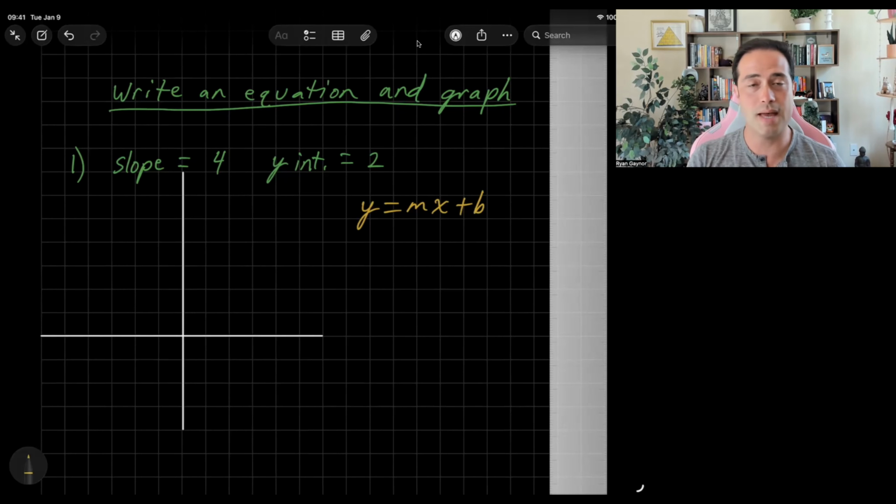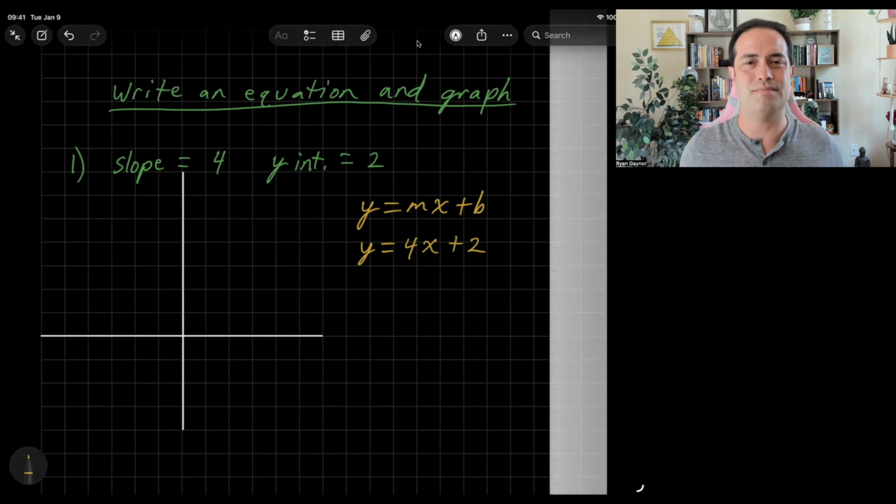So the m, the slope, is 4, so I would write y equals, and then instead of writing the m, I just replace it with 4, because they told me the slope was 4. Then I write the x, and then plus, and then the y-intercept is the b, and in this case, it's 2. So I replace it with the 2. Okay, so now I'm going to graph this.